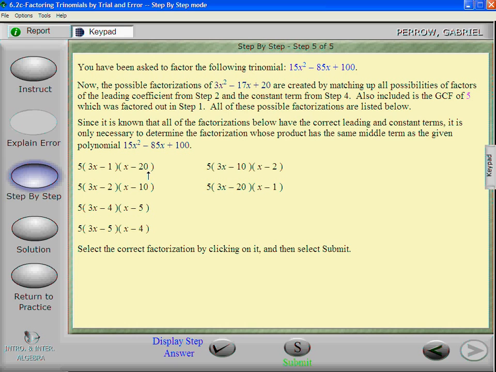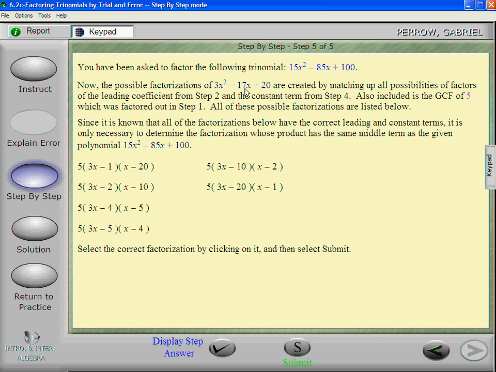The question is, which one of these is going to give us the minus 17x when we do the outside-inside of the two binomials. Looking at all the combinations, I see this one: 3x times a minus 4 is a minus 12x, minus 5 times x is a minus 5x, and minus 12x and minus 5x gives us a minus 17x.